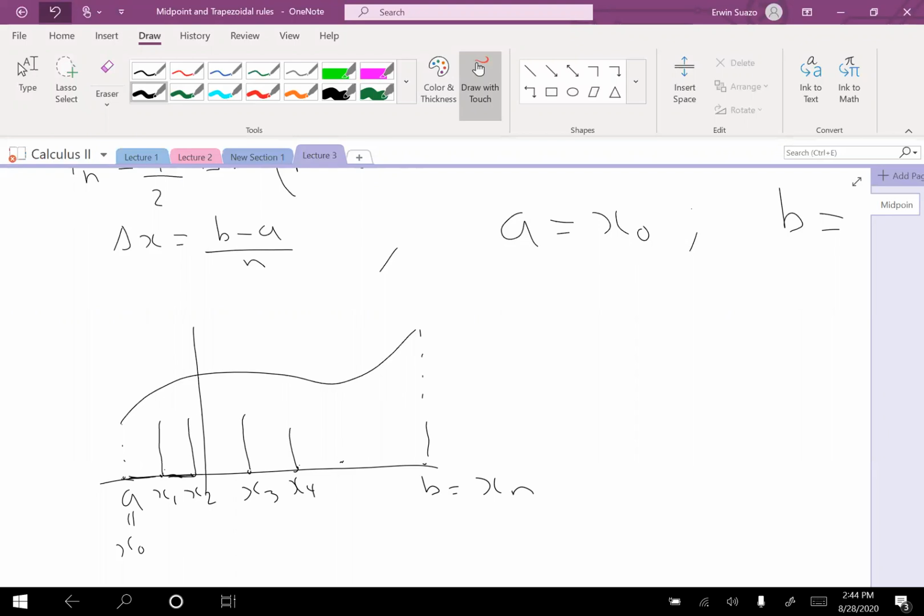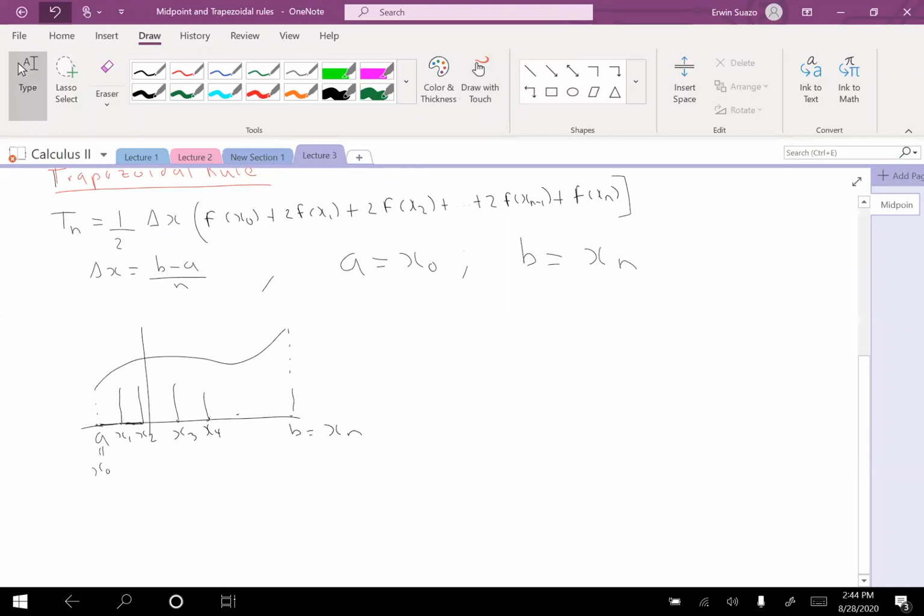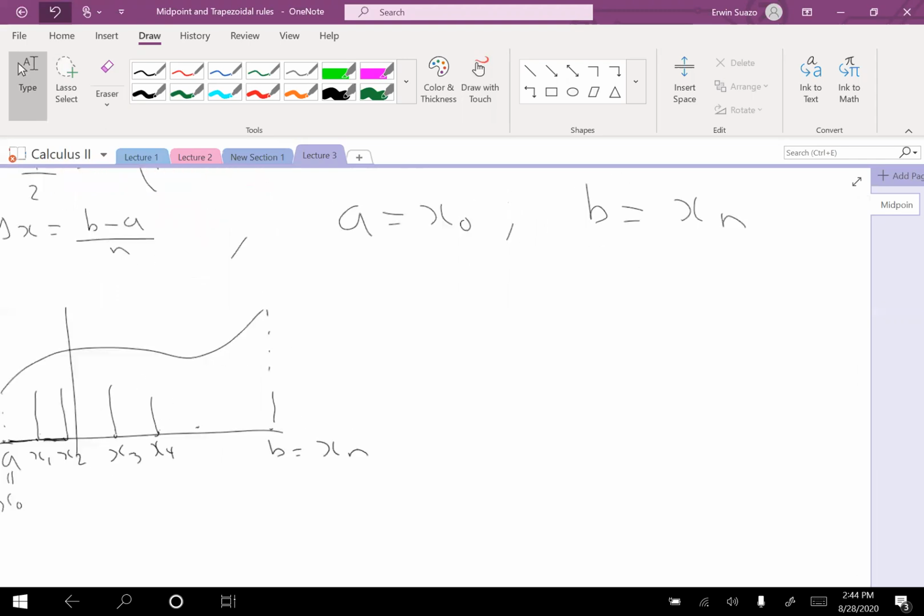But then what you do, you don't even have to think too much, right? You put f of x0 plus 2f of x1 plus 2f of x2 until f of xn, that is the last one. So let's do our approximation for the integral.